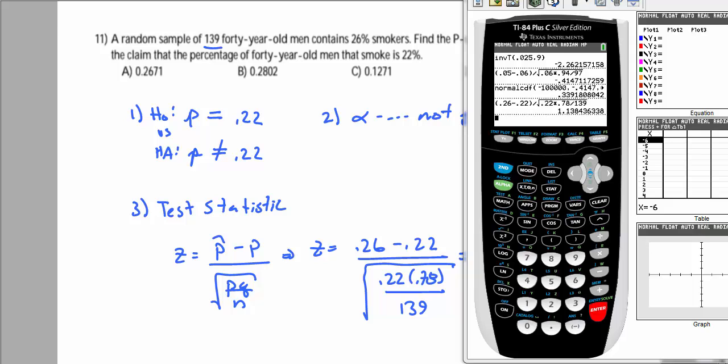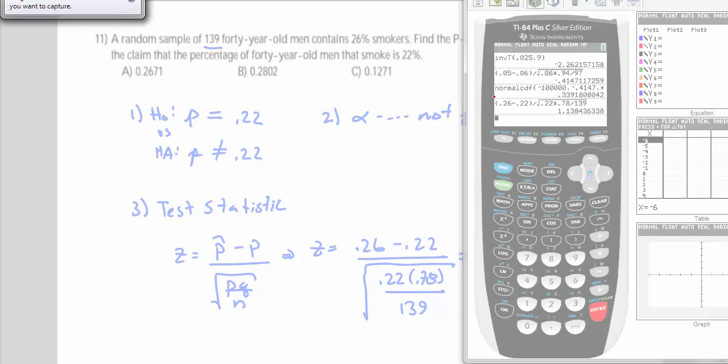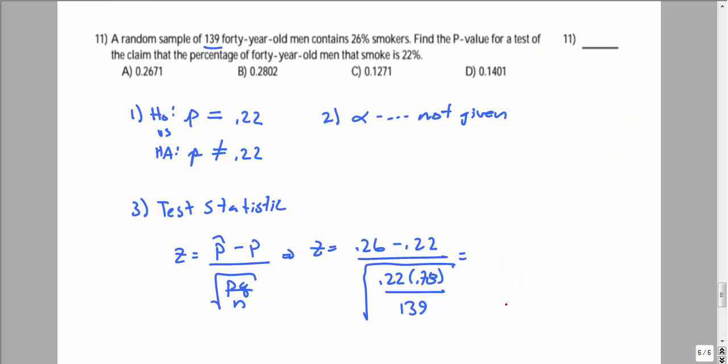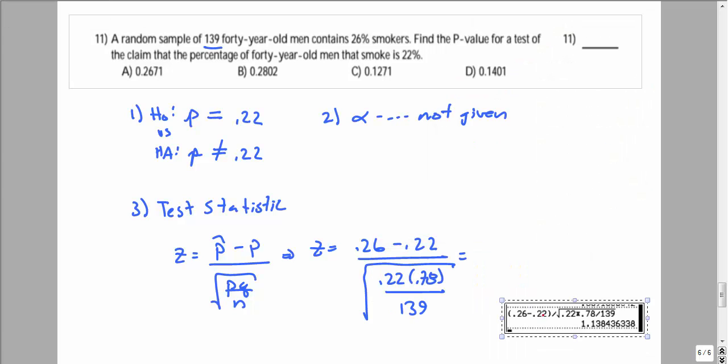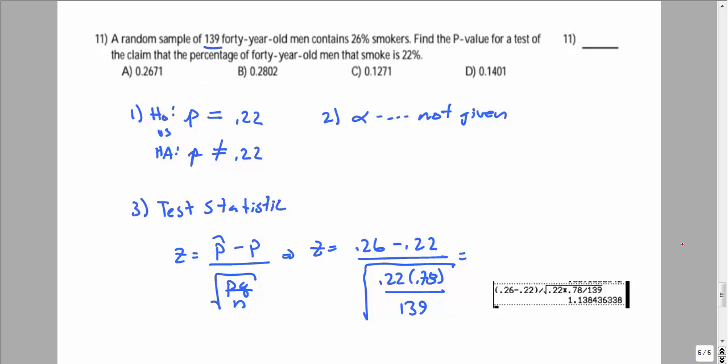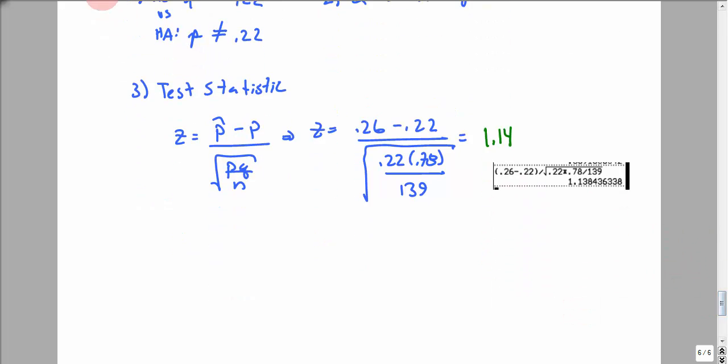So that means I'm 1.138 standard deviations above the mean. Now the question is, is that too far above the mean to deem acceptable or not? And the p-value kind of helps us decide that. So I'm going to use 1.14 here. I'm going to round this to the nearest hundredth this time. Okay, so next thing we want to do is go ahead and find our p-value.